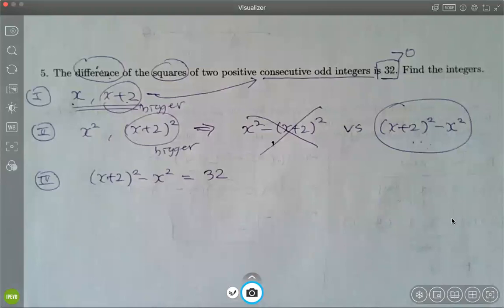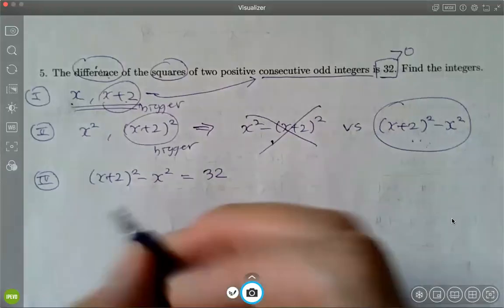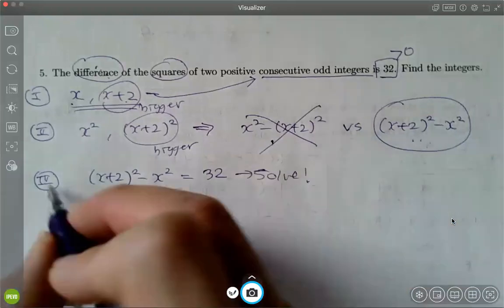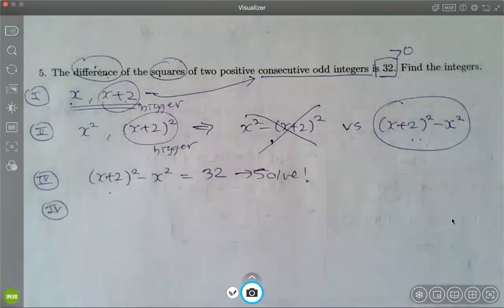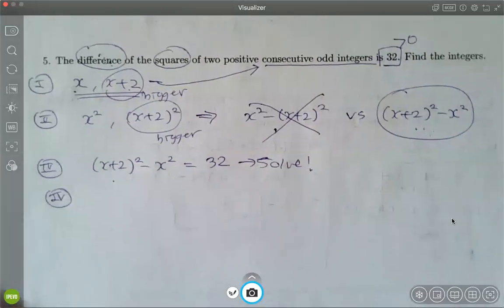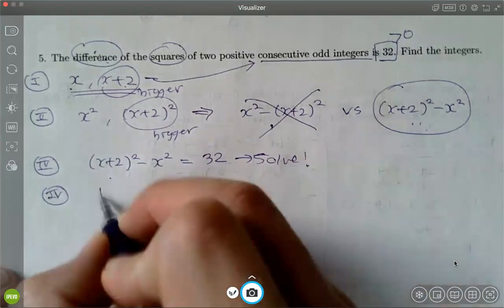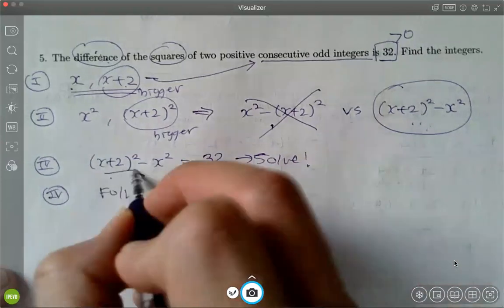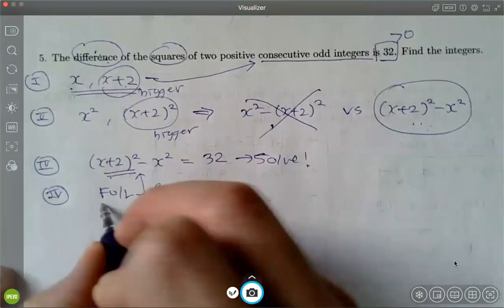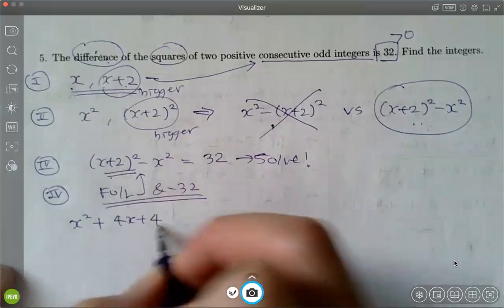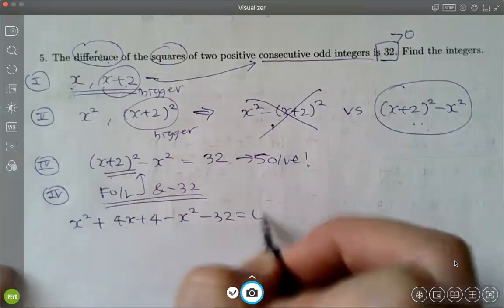Okay, so now, how do we solve this? What do we first do? There's only one way. Subtract 32 and then FOIL. So FOIL this and minus 32. What do you get? x squared plus 4x plus 4 minus x squared minus 32 equals 0, right?